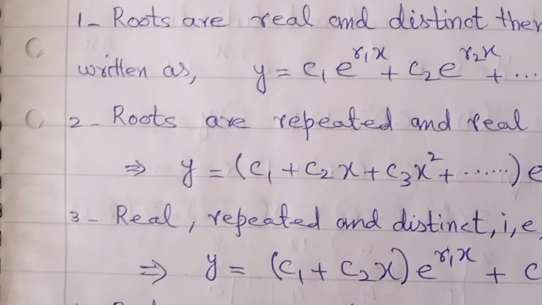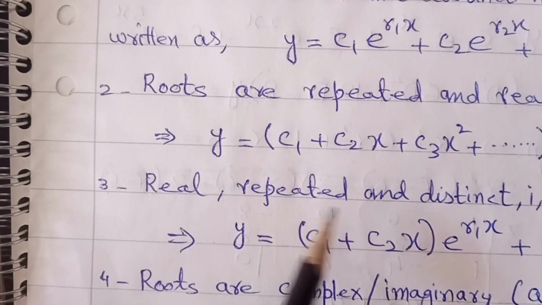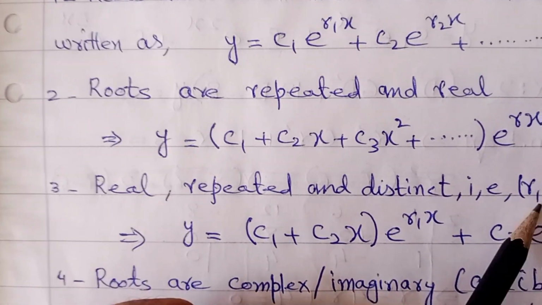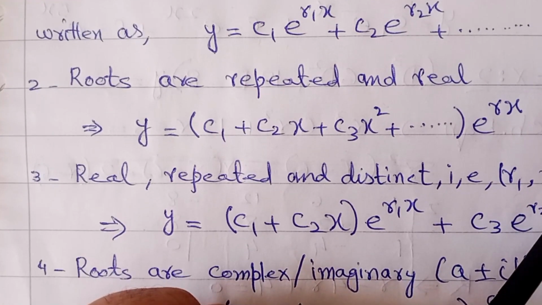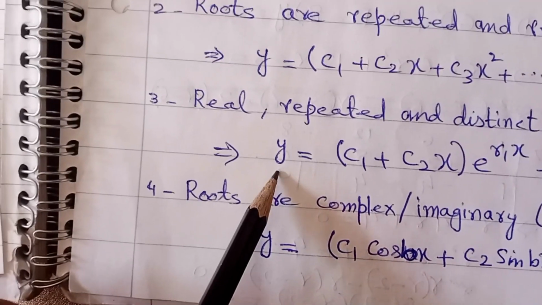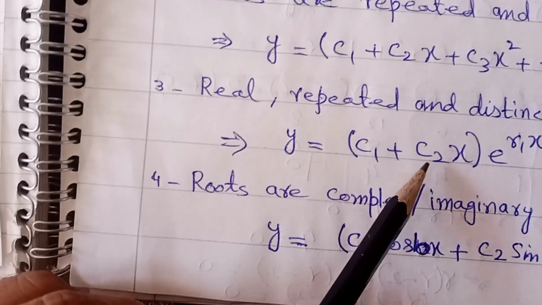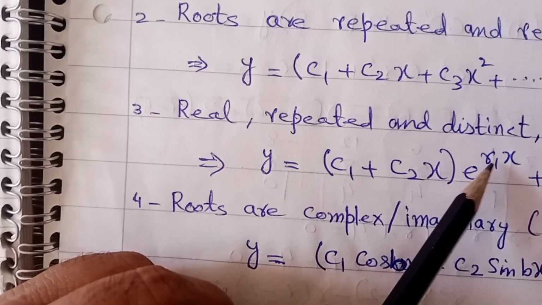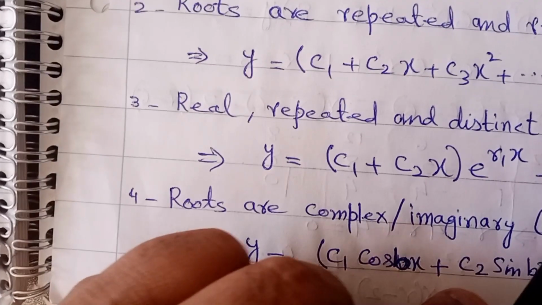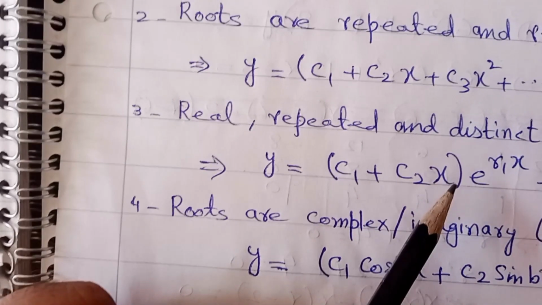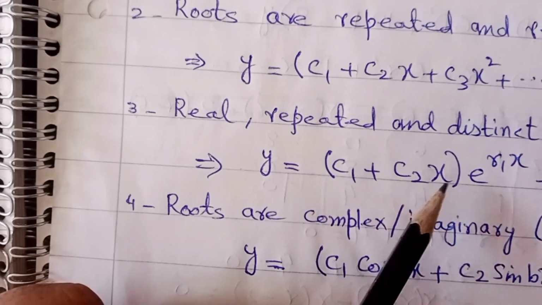Case number 3, when we have real, repeated and distinct roots. For example, there are two roots repeated, r1, and one root is distinct, r2. So in this case, the solution becomes y is equal to c1 plus c2x into e raised to the power r1x, because we have two repeated roots, so the coefficient of the exponential is a linear polynomial.